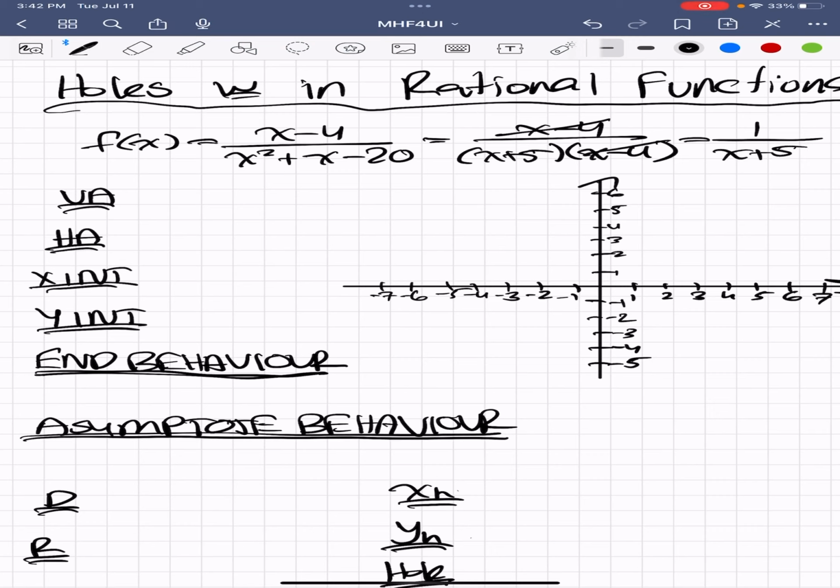So as you can see here, a hole is when you have a factor on the bottom and the top that is common. A hole is solving for x within that factor.